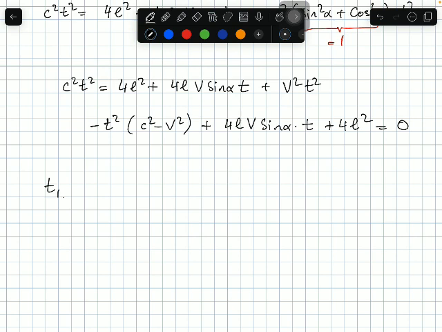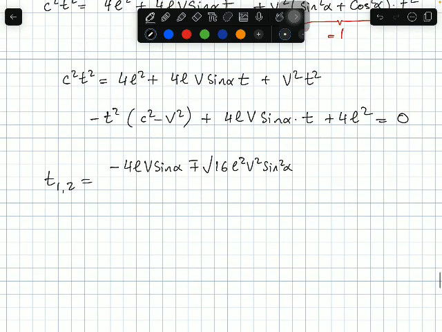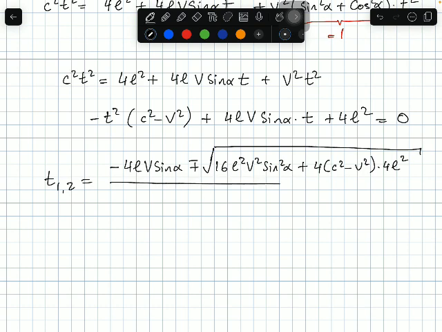By using the solution for the quadratic equation, we get minus 4l v sine alpha plus or minus the square root of 16 l squared v squared sine squared alpha plus 4 (c squared minus v squared) times 4l squared, everything under the square root, divided by minus 2 (c squared minus v squared).